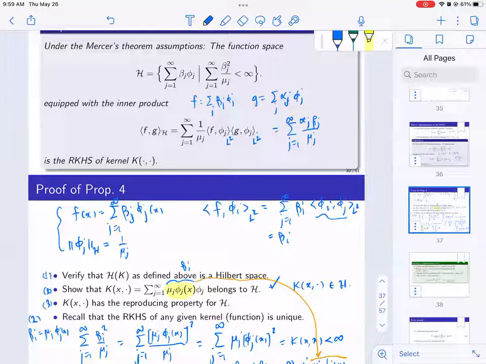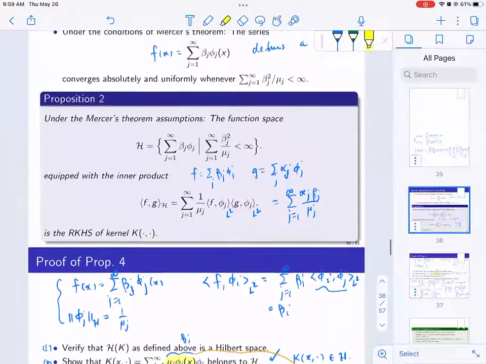Intuitively, there is something subtle here. Things that look like this, for which the sum of beta j squared is finite, are in L2. But for it to be in the RKHS, the sum of beta j squared over mu j has to be finite, which is a stronger condition.